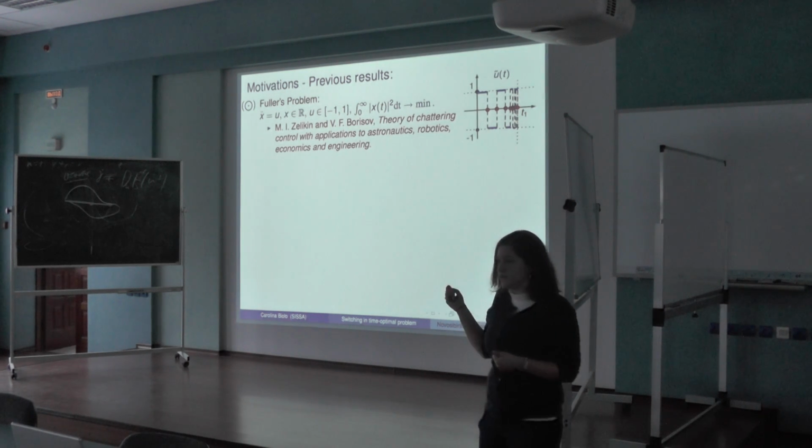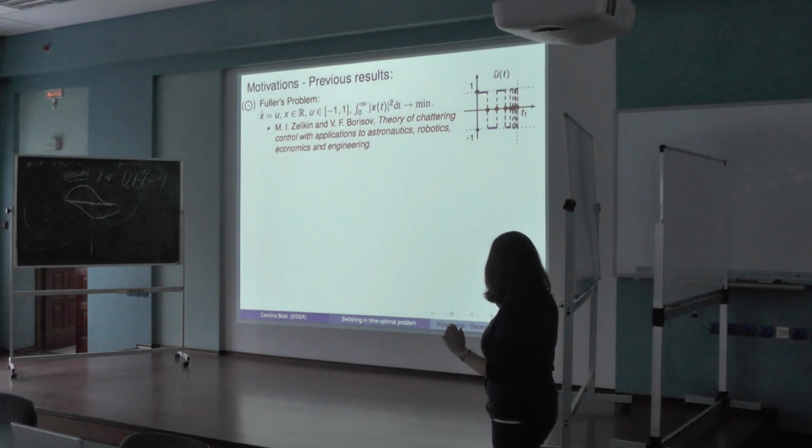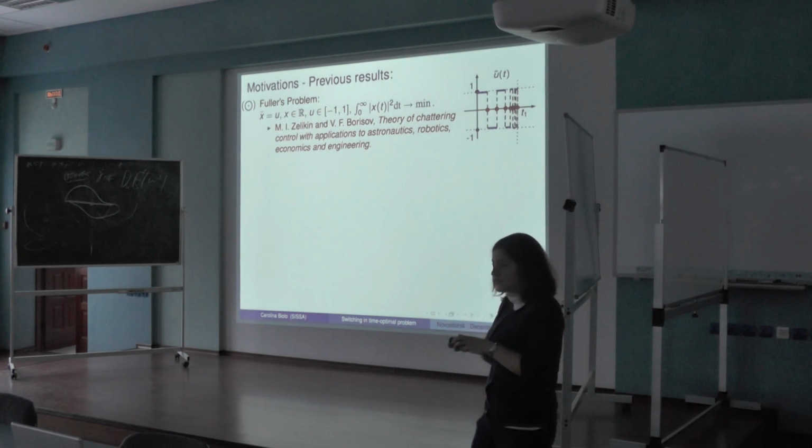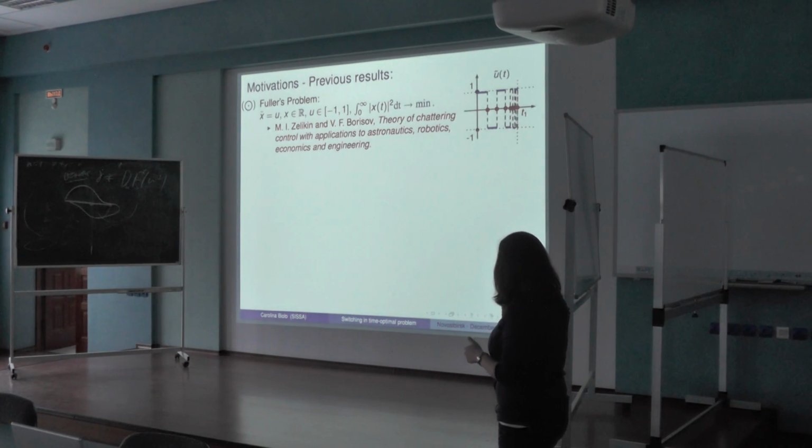As I defined, a discontinuity of the control we call a switching, and it is a drastic change of direction of our control. This is a particular case in which we have a convergent series of switchings, a convergent series of discontinuities of our optimal control.